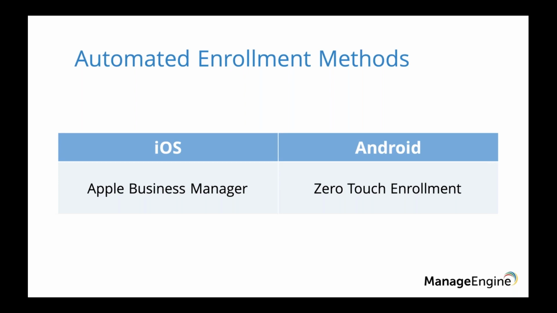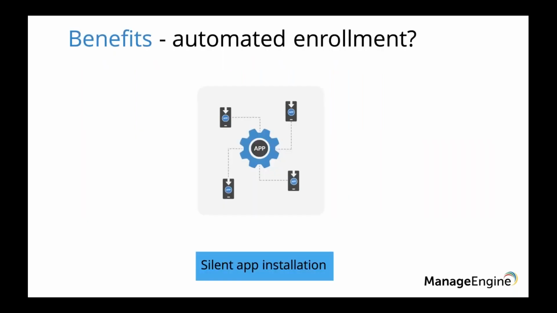So when it comes to iOS, Apple has provided a particular solution called Apple Business Manager, and Android has provided a particular solution called Zero Touch Enrollment. So let's see what the benefits are. The first benefit is that you can silently install applications on the device itself.